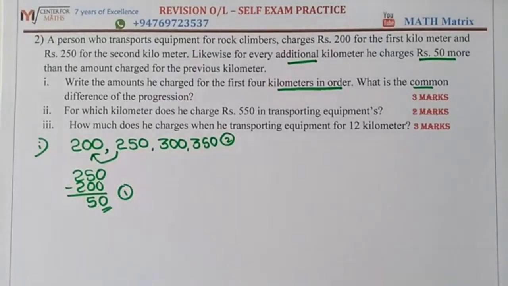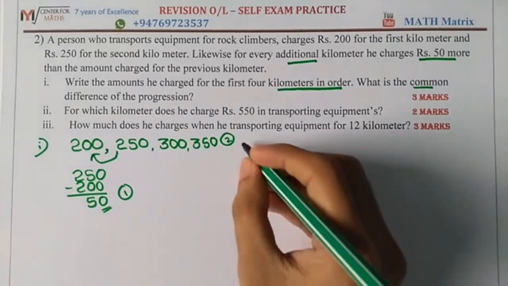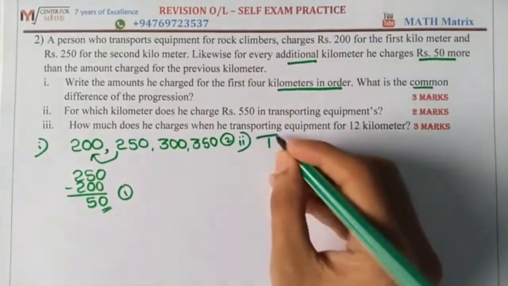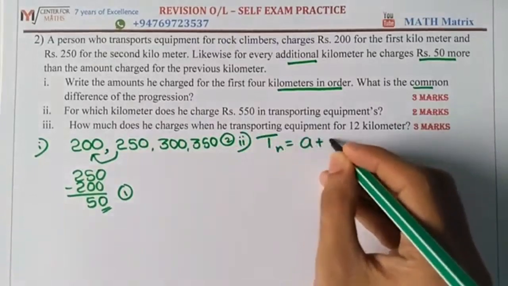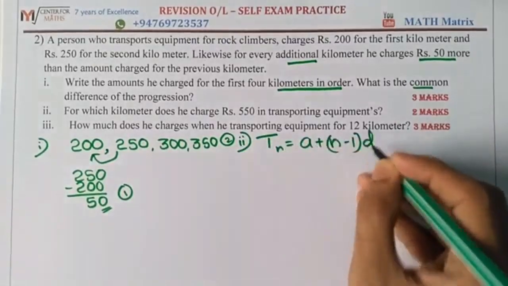And the second one, for which kilometer does he charge 550 rupees in transporting equipments? So how to find that one? That means they have given the value and they are asking us to find the nth term. So we'll go with the common formula, Tn is equals a plus n minus 1 d.